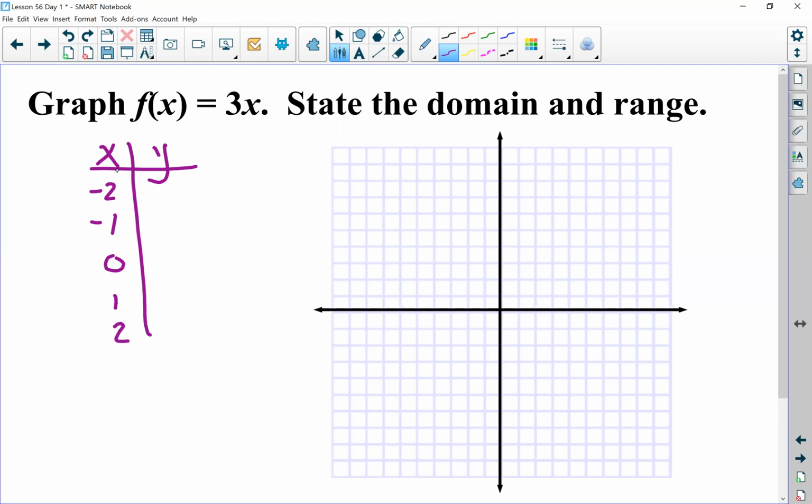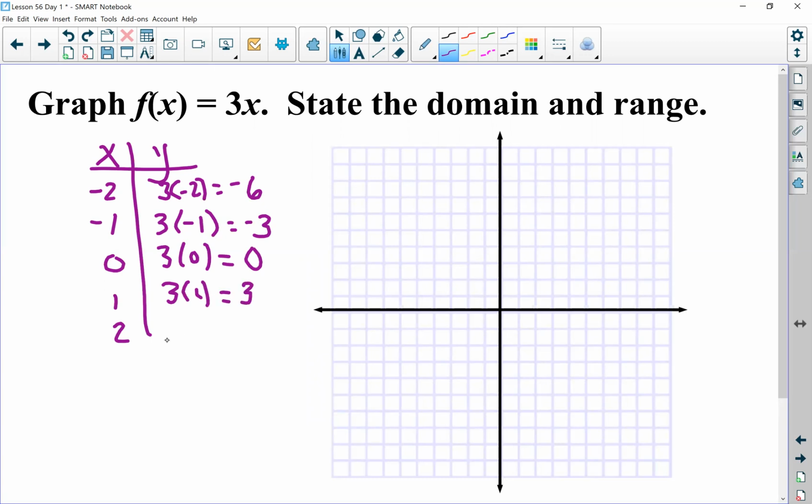So if I plug in -2, I get 3 times -2, which is -6. If I plug in -1, I get 3 times -1, which is -3. If I plug in 0, I get 0. If I plug in 1, I get 3. If I plug in 2, I get +6.